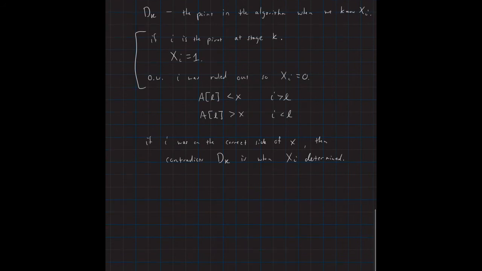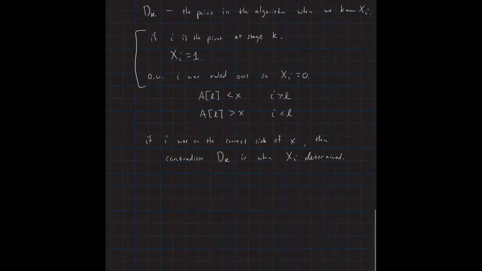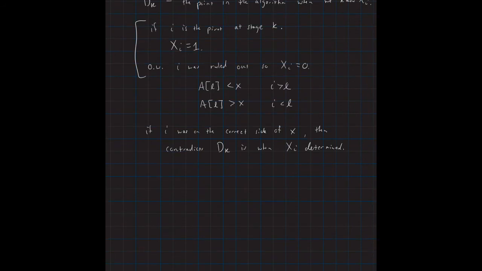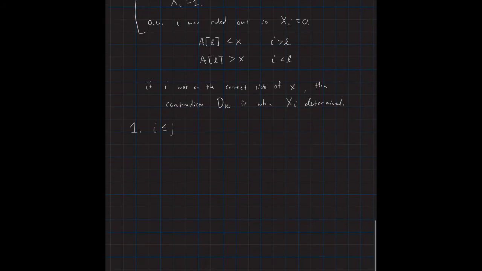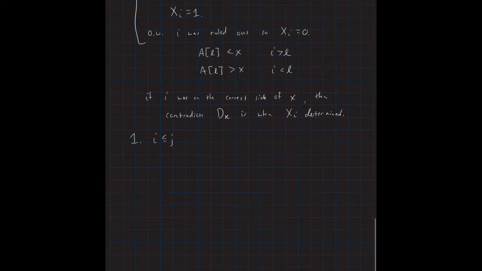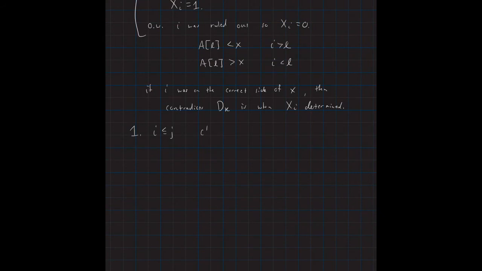So if I is the pivot at stage k, then of course there was some probability it was the pivot, and there's a probability it wasn't the pivot. And this is how our case analysis is going to go. So in particular, we can break it down even further. So if I is at most j, then it'll be the pivot exactly when we chose I out of I through j.